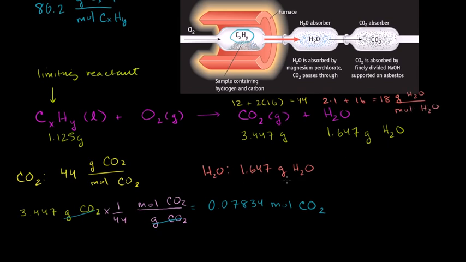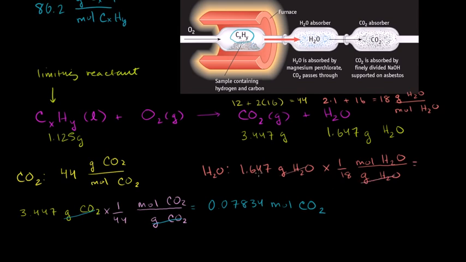Now, to convert the amount of grams we have to moles, what we want to do is multiply it by something that has moles in the numerator and grams in the denominator. We want grams of H2O in the denominator and moles of H2O in the numerator. And that's the exact inverse of this. So if we have 18 grams per mole, we have 1 over 18 moles per gram. And what is this going to be equal to? So this cancels out with that.